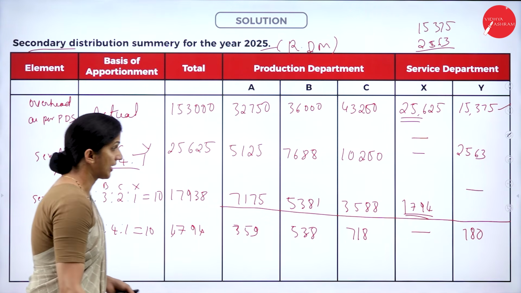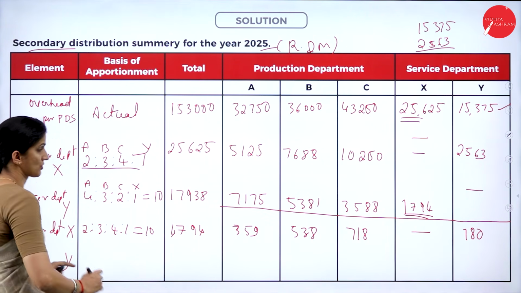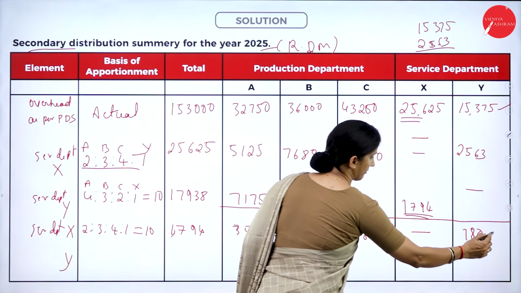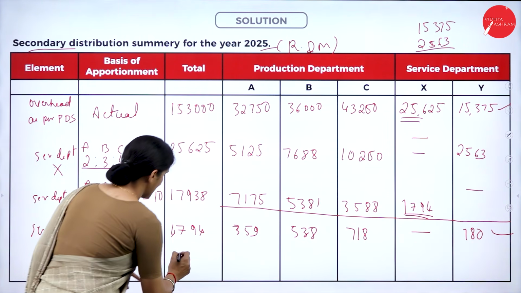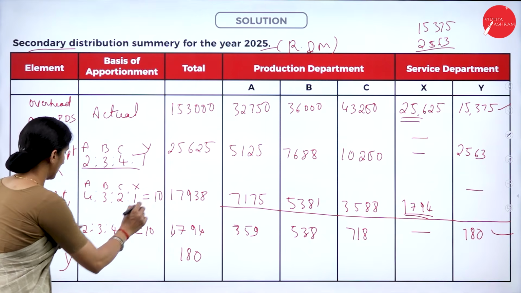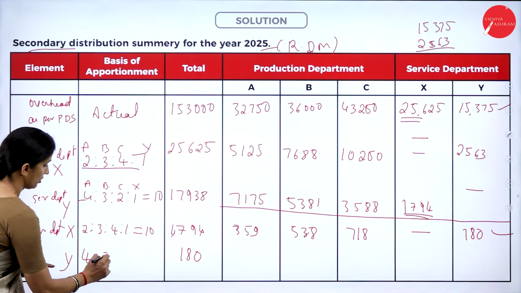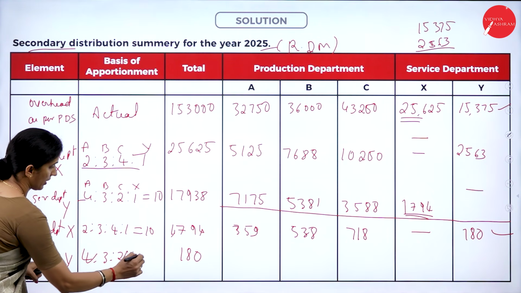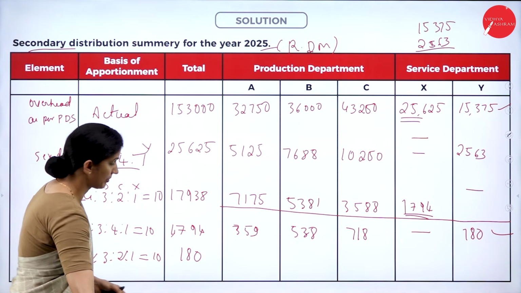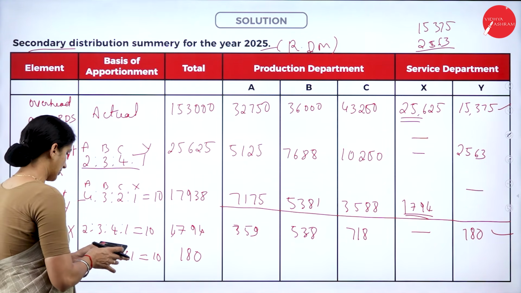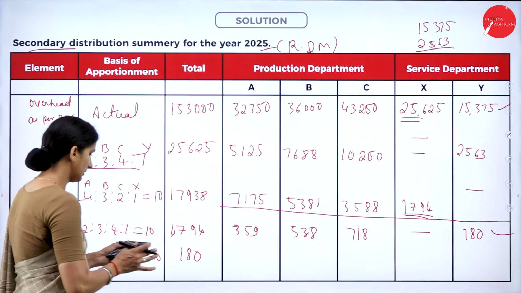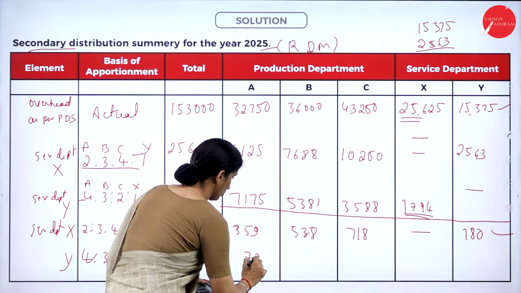So now again we have service department Y. So service department Y overhead we have, it is 180. So that 180 we will allocate to the other department in this ratio, that is 4:3:2:1. So it is 10. So that means 180 into 4 divided by 10, it is 72.